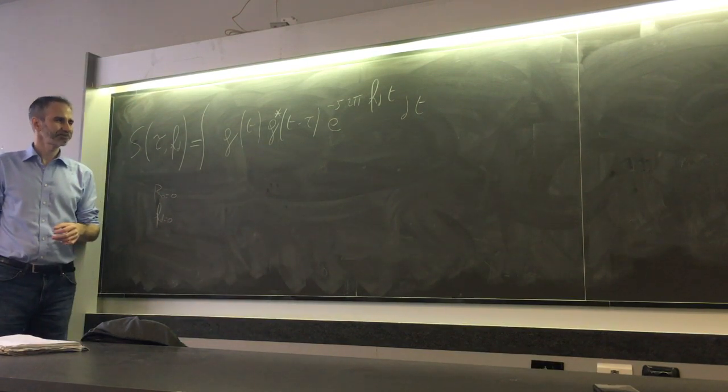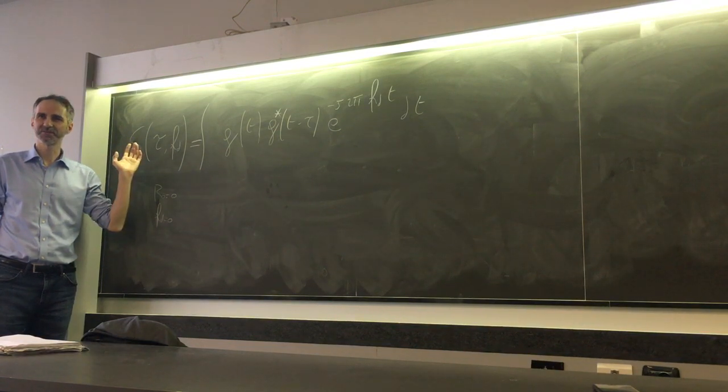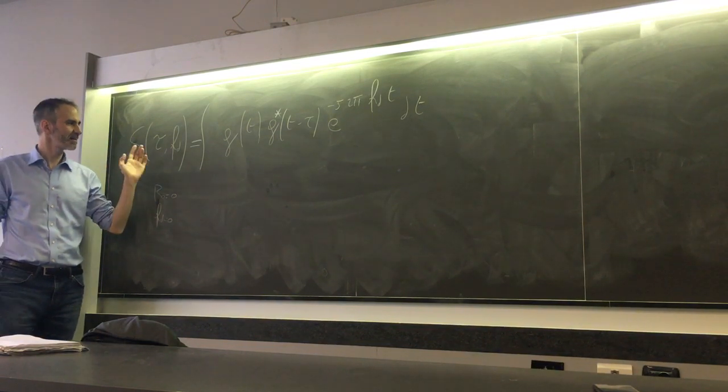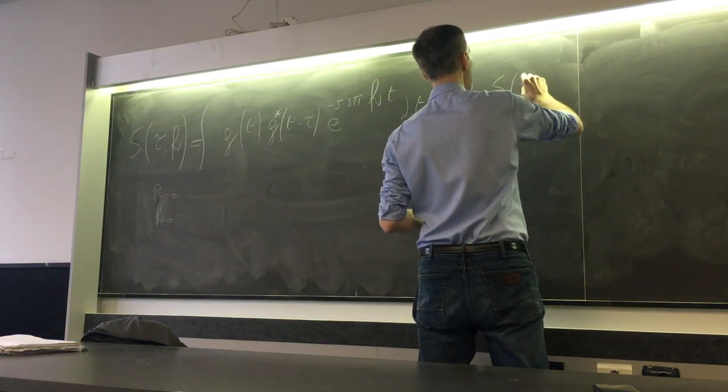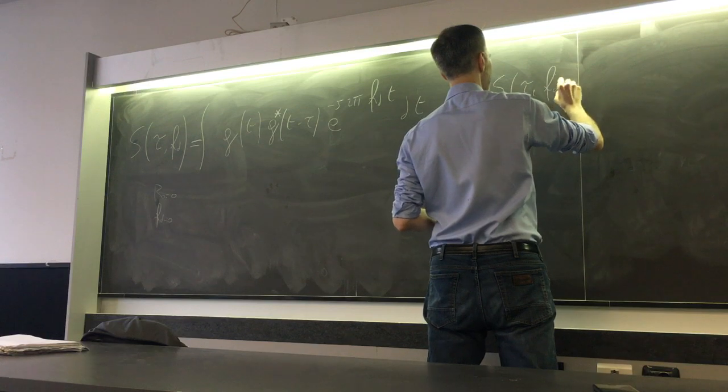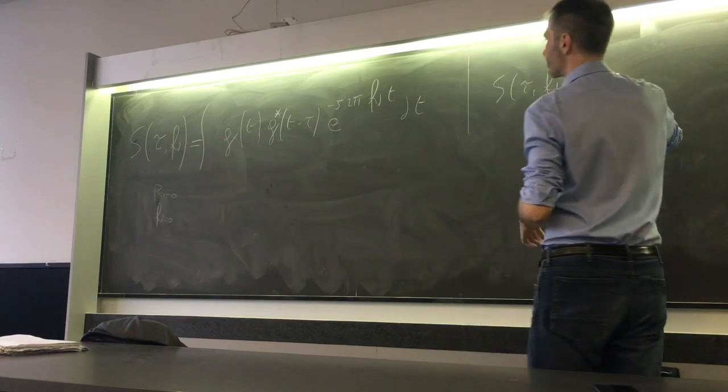So, let's study the sections of this function. Let's study the section for Fd equal to 0. What do you get here?